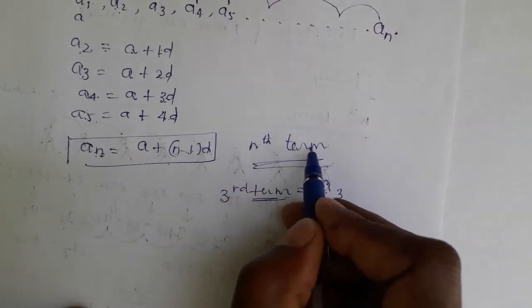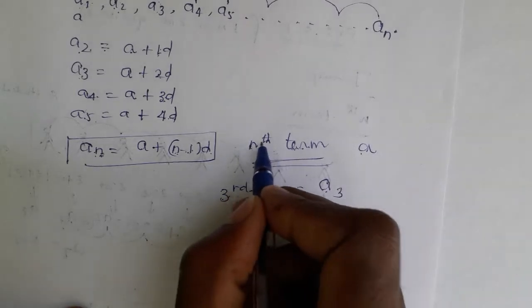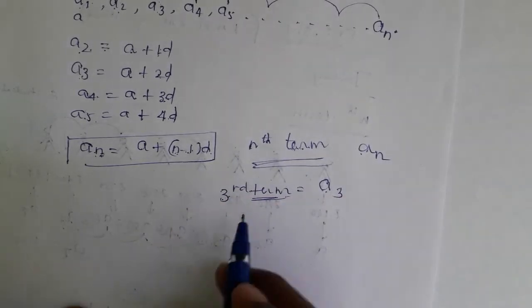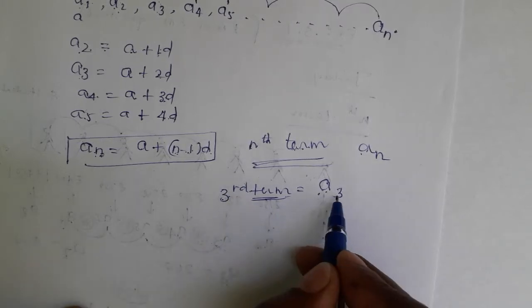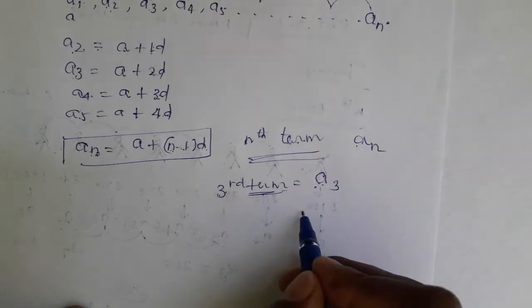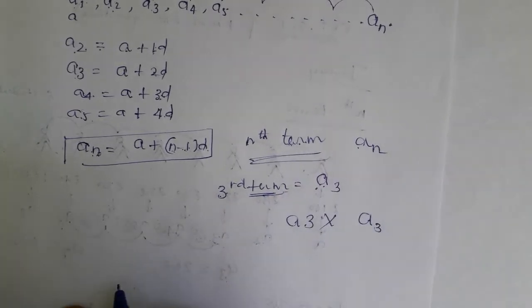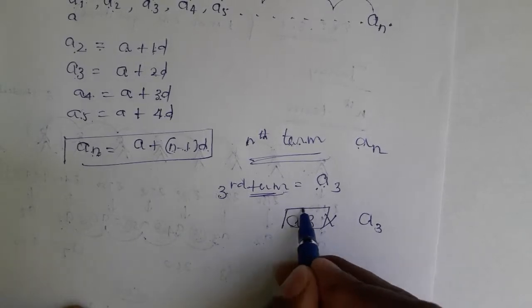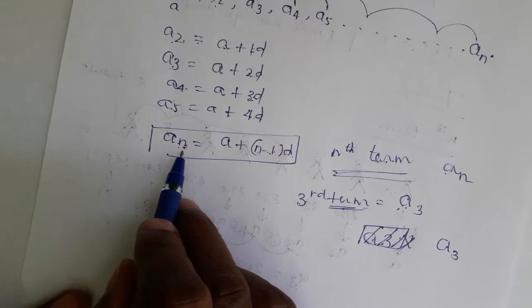Similarly, nth term means A, nth means An. Every term is mentioned by A, and its position is mentioned in the subscript, that means below, right? We don't write like this. This is the wrong way of writing. A subscript 3, you have to write below. Got it? So this is the derivation of the nth term.